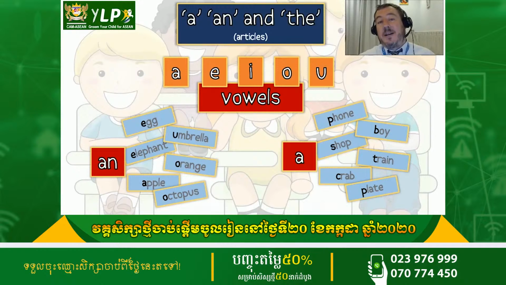If we use the, then it has a different meaning. But the meaning of an and a is the same. You only change it depending on if the noun starts with a vowel or not. But it's a different meaning between a and an over here and the over here. They have different meanings, which we will look at now.